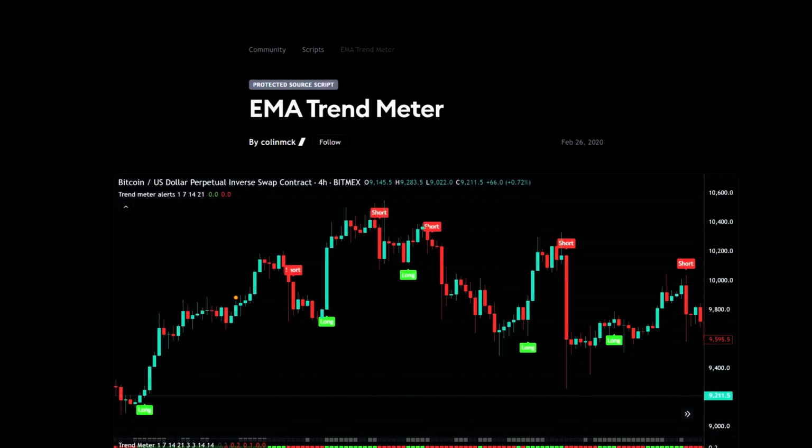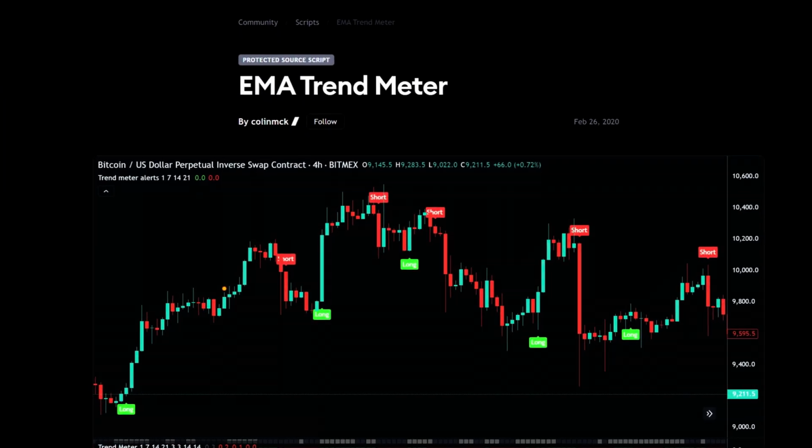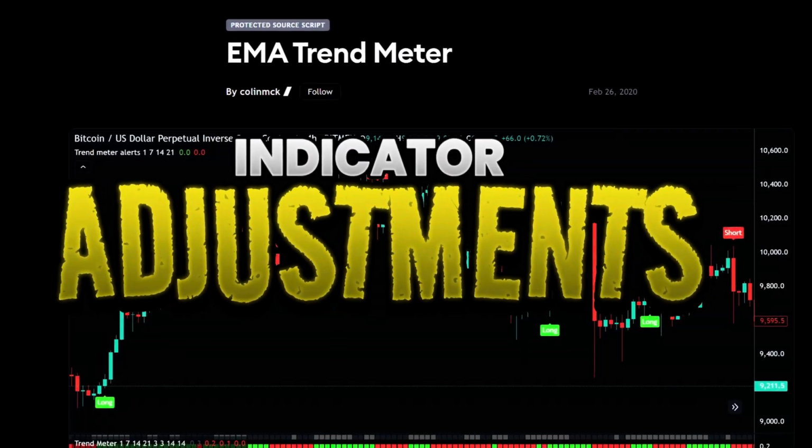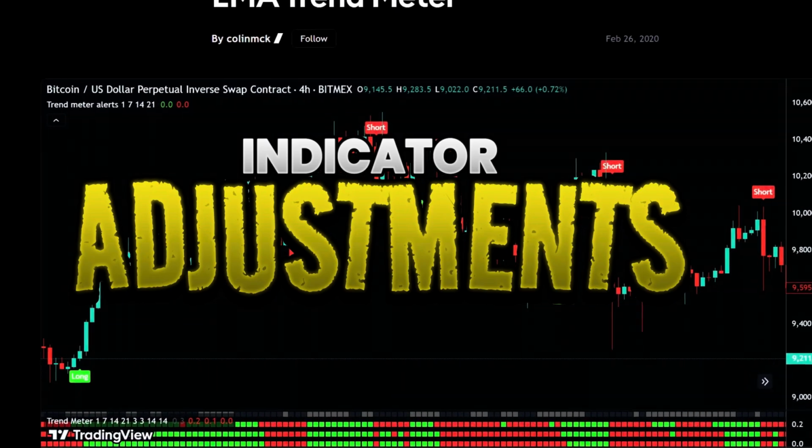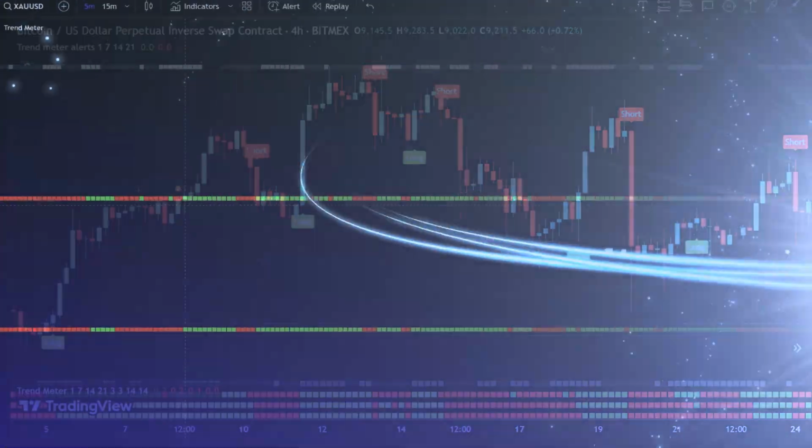This powerful trend analysis tool uses 3 moving averages based on the same baseline, and we're gonna optimize those settings to make it even better.